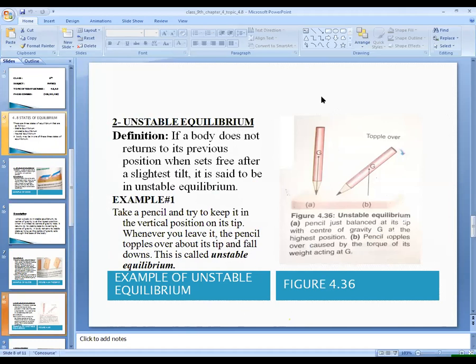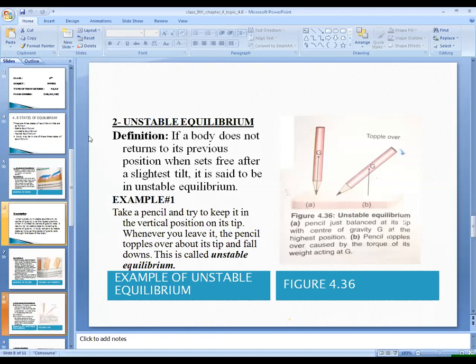Take a pencil and try to keep it in a vertical position on its tip. The pencil lead is the tip. The pencil topples over about its tip and falls down. This is called unstable equilibrium. It will never come back to stable equilibrium. This is not the condition of stable equilibrium, but unstable equilibrium.